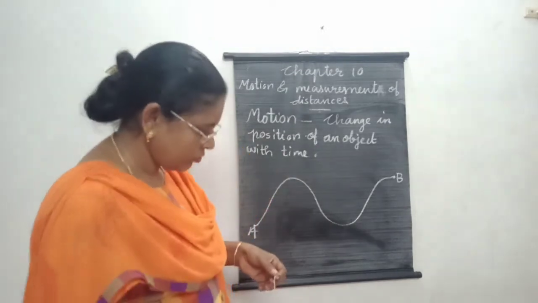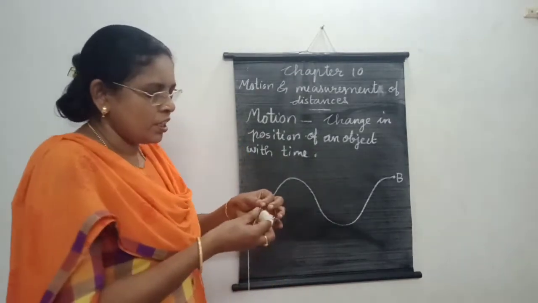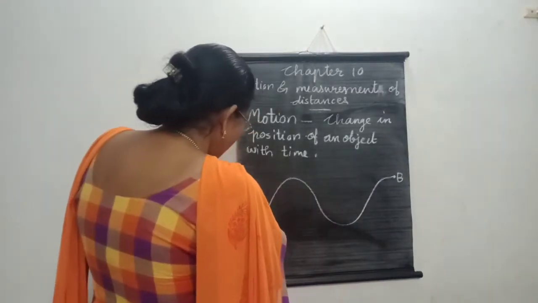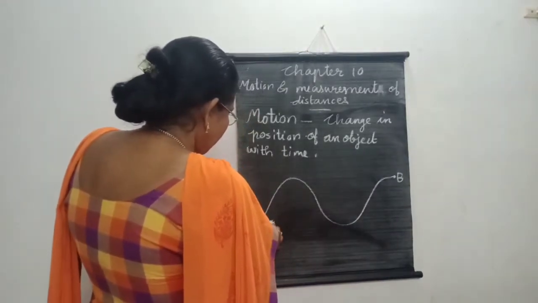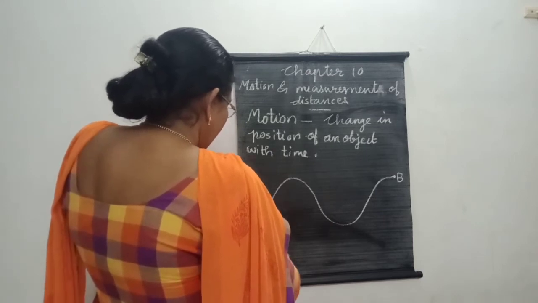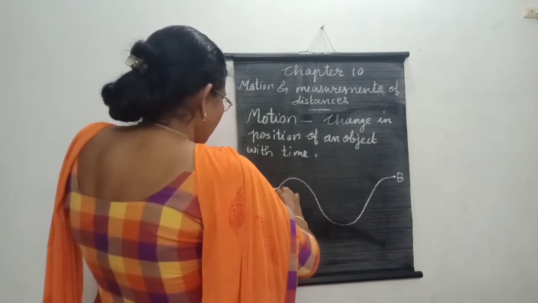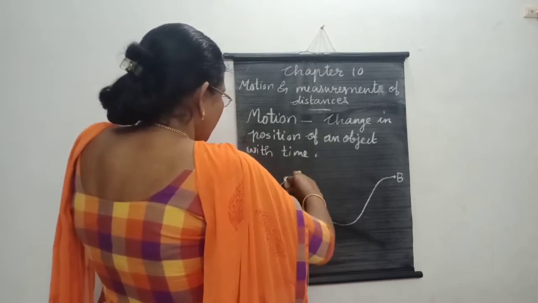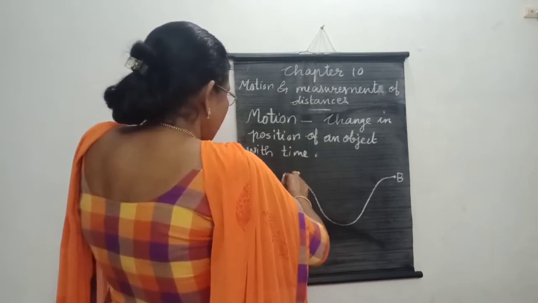Okay, look, this is the end of this thread. We put the end of the thread at point A. Then move the thread along the length of this curved line.